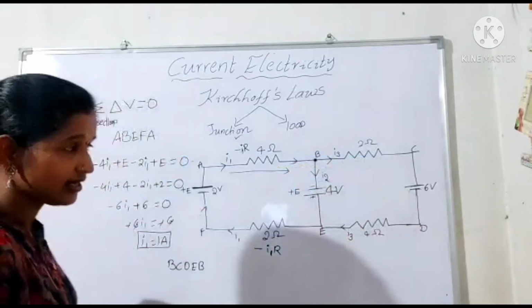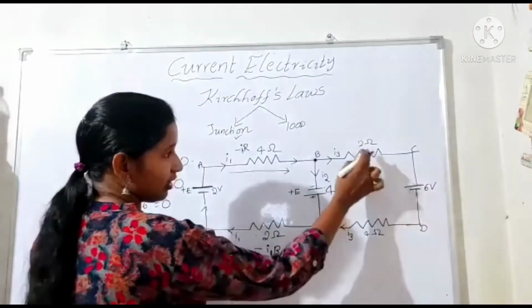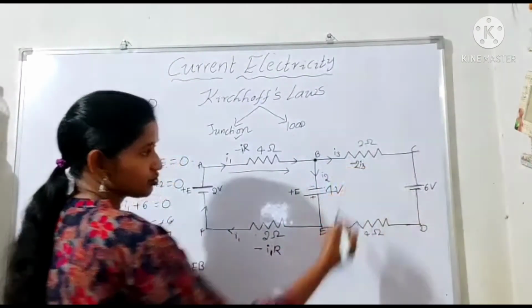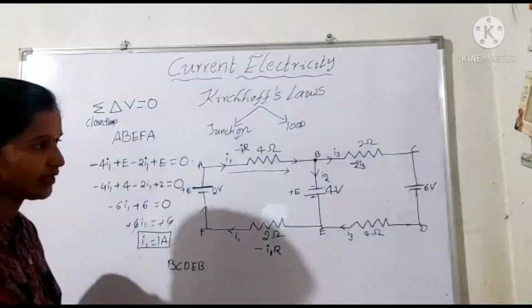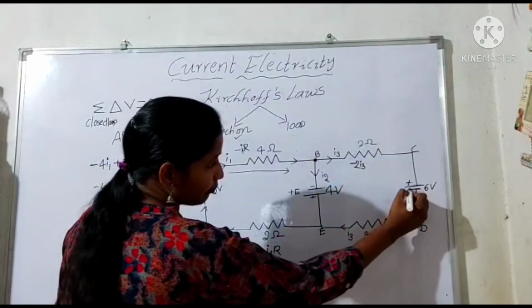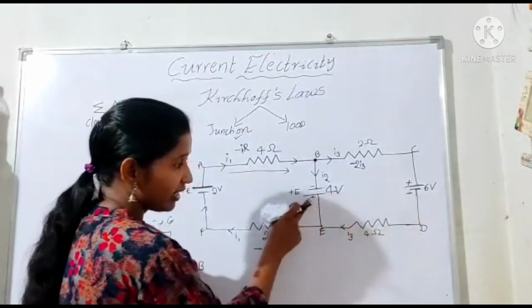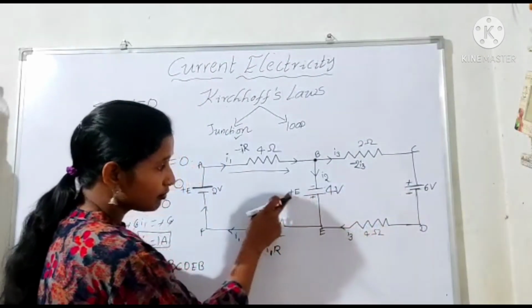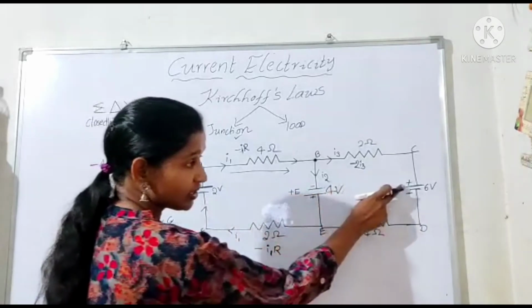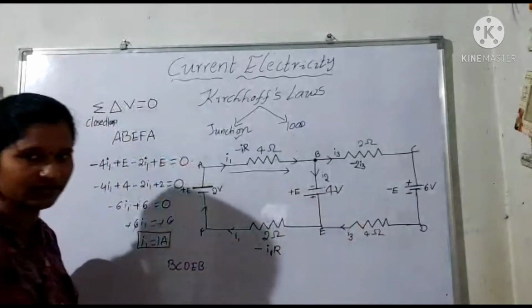Then we know that is the negative sign. So negative I3, already 2 is the given resistor, so minus 2 I3. And in this direction, we are coming from the positive terminal of the battery to the negative terminal. When it is negative to positive, we take positive. Now it is positive to negative, so we take the negative sign convention.